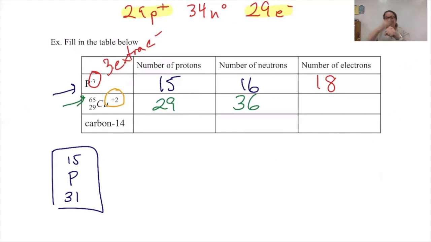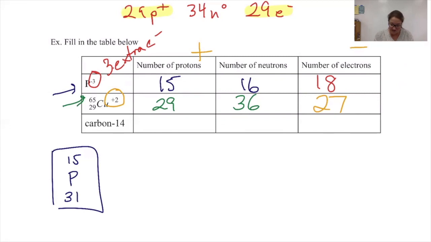And the electrons are what leaves. Electrons can be gained and lost, and the atom doesn't change its identity. Electrons are on the outside of the atom, so it makes more sense for electrons to come and go than it does for protons that are in the nucleus. If this has a charge of positive 2, it must have 2 more positives than it does negatives. So the number of electrons must be 2 less than the number of protons. Do not change the number of protons. If I change the number of protons, it's not copper anymore.